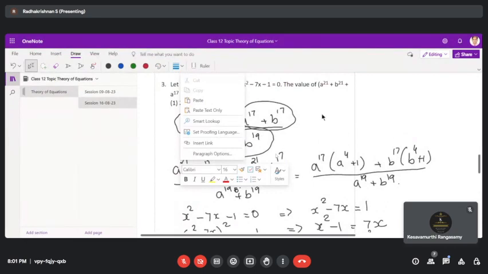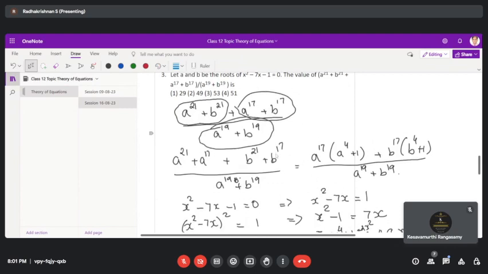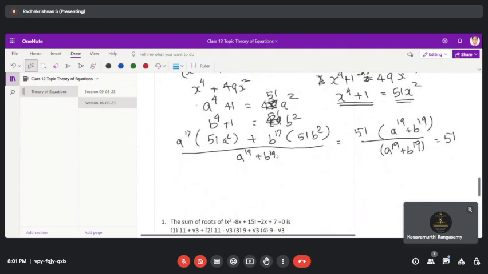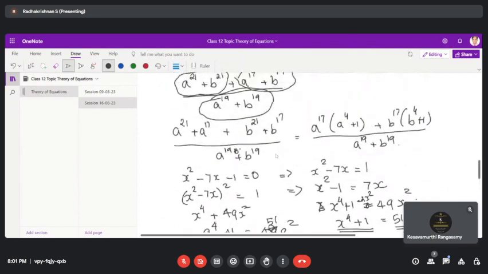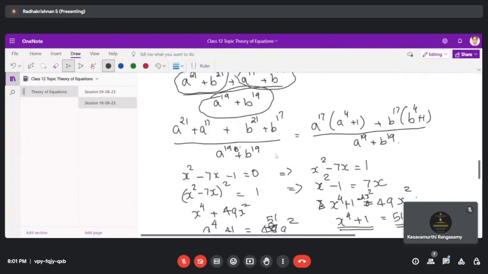That will be the method we can always rely on, but it will take a lot of effort to get to this. For example, I will tell you, we know that here, suppose a and b are the roots, then a plus b will be 7 by 1, so 7, right?